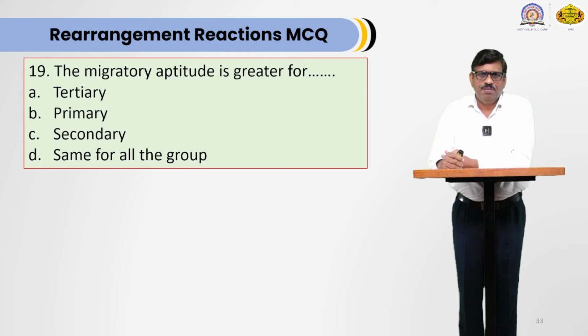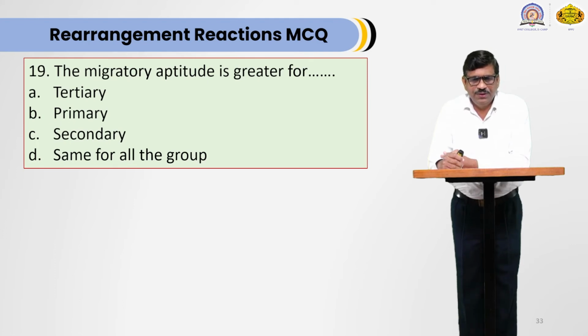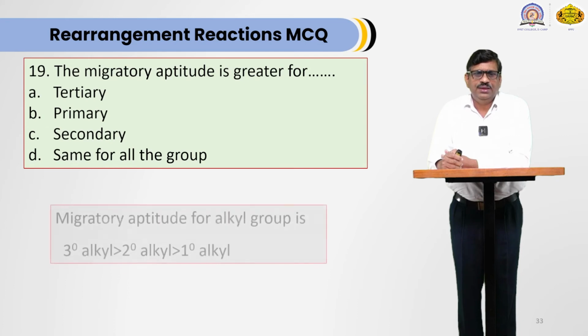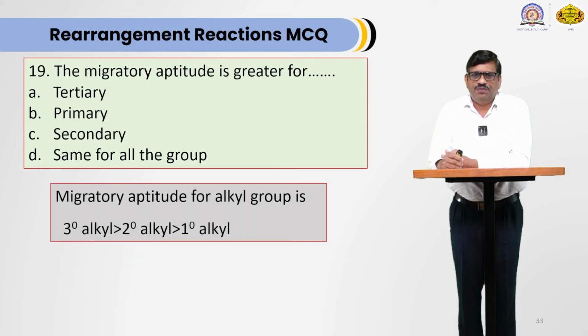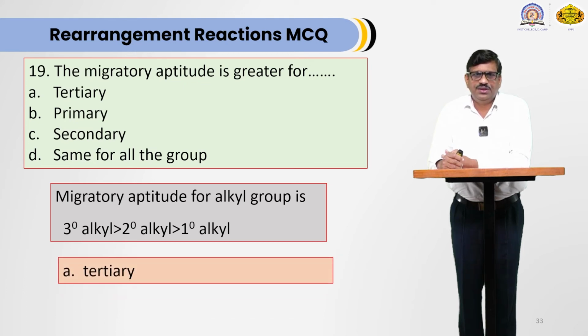Migratory aptitude tells us which group is going to migrate, and it is always tertiary greater than secondary, greater than primary. Hence, if a tertiary group is present, then it is going to migrate. The migratory aptitude of alkyl groups is shown like this, and the correct option is tertiary. Tertiary has the greater migratory aptitude.